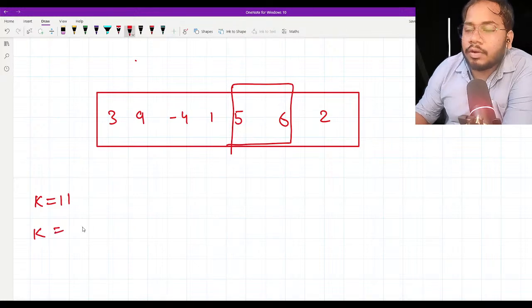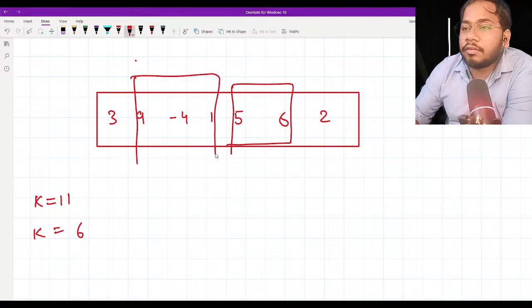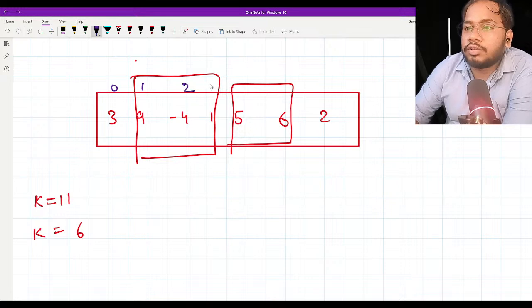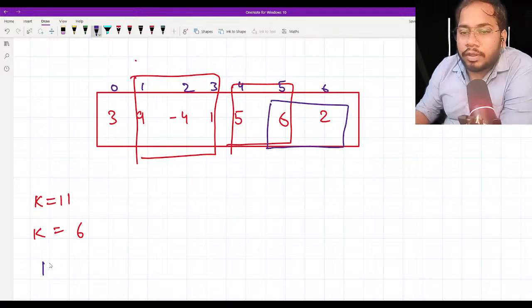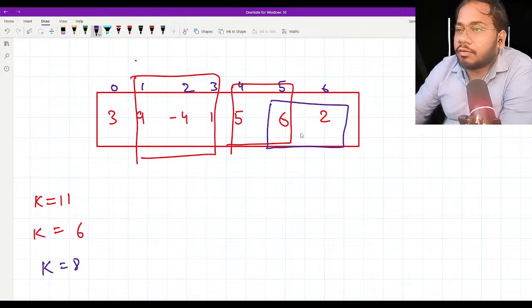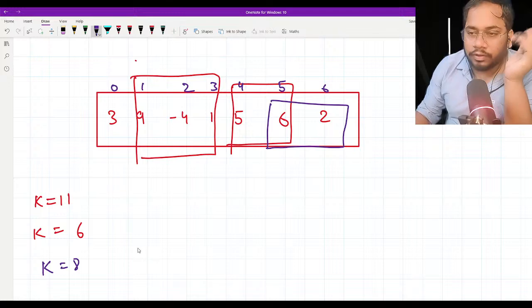For k is equal to 9, 4, 13. For k is equal to 6, this is one subarray, this is one subarray, right? If we index it as 0, 1, 2, 3, 4, 5, 6. For k is equal to 8, this is one subarray, 5 to 6. So this is the first question.